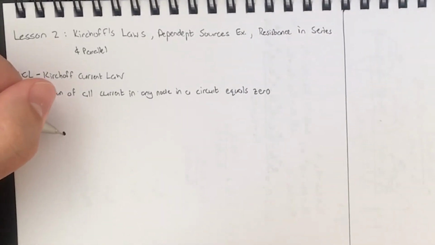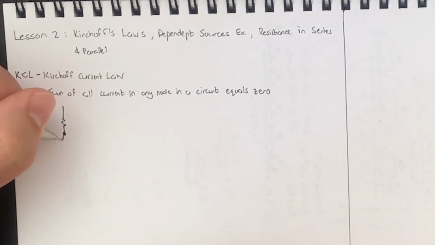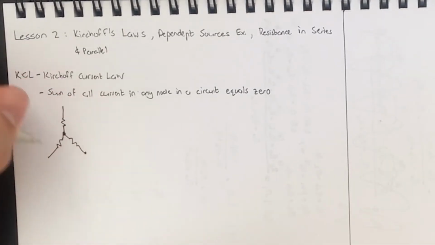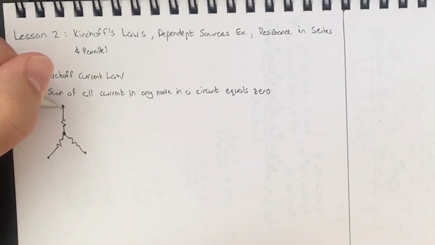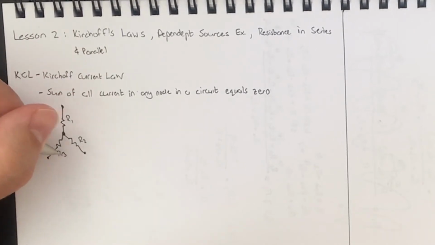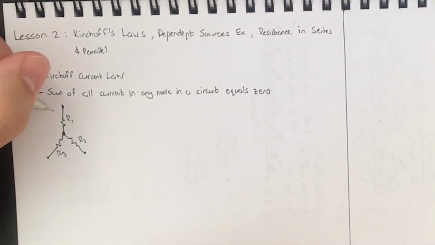Let's define a node with 3 resistors, R1, R2, and R3. We'll see in later lessons that this is a Y circuit.